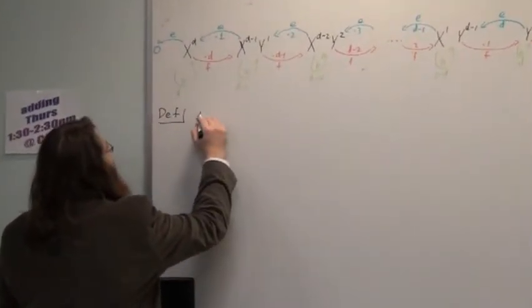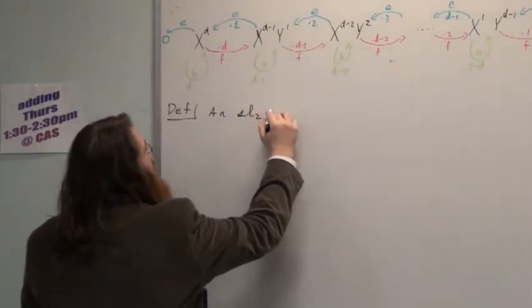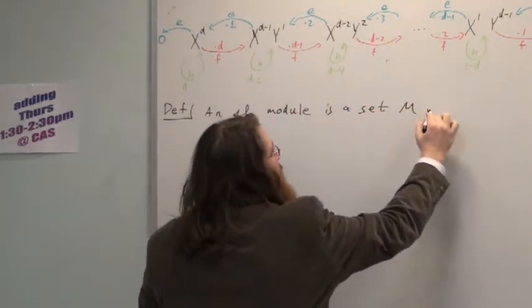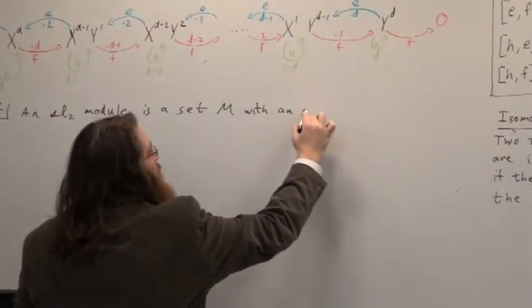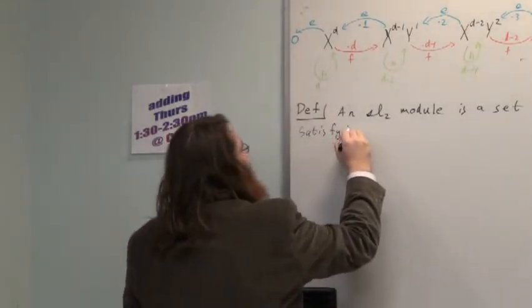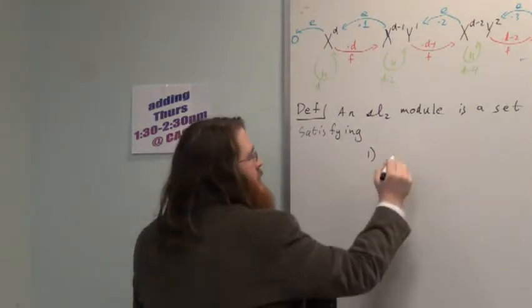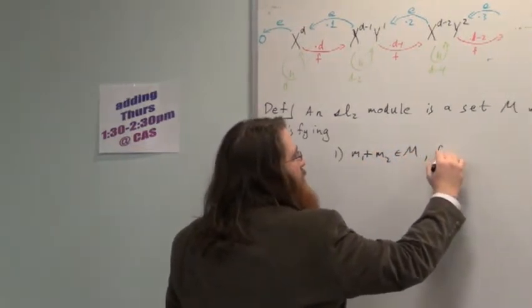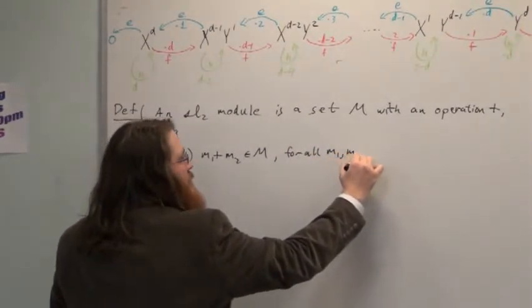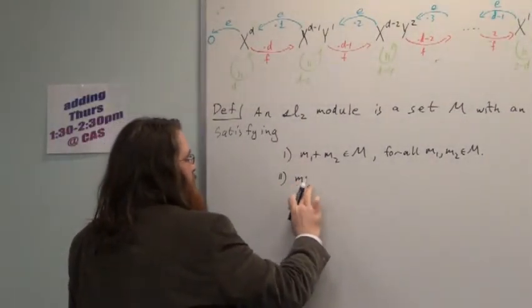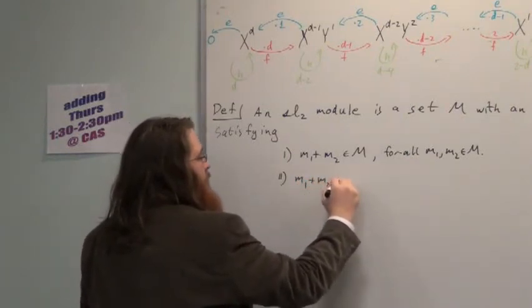So a definition. An SL2 module is a set M with an operation plus satisfying: well, if I add two things, I had better stay inside M. Addition is commutative, so it doesn't matter the order I add.